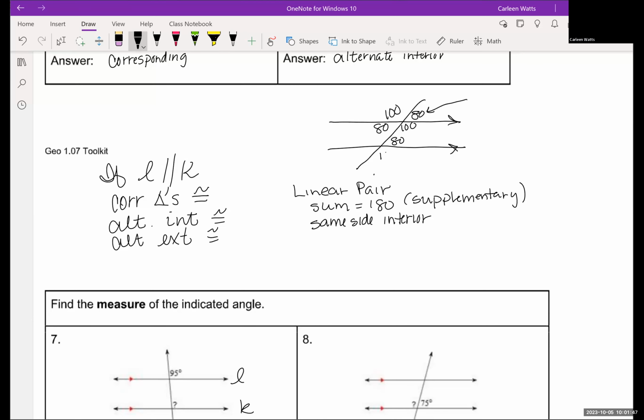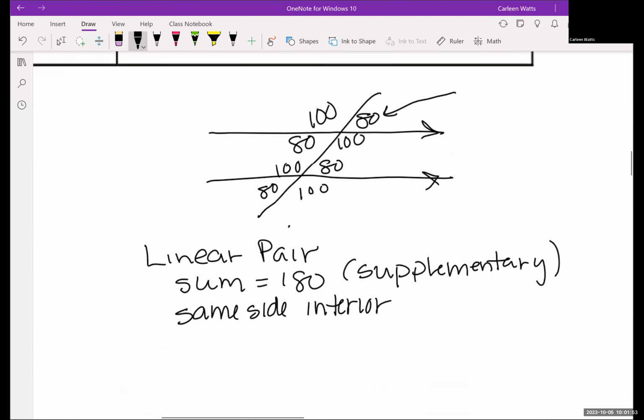Corresponding, right? If lines are parallel, does everyone agree that that's what those angles look like? See, all the corresponding ones are congruent? Okay, thank you. Now, what can you tell me about same side interior?